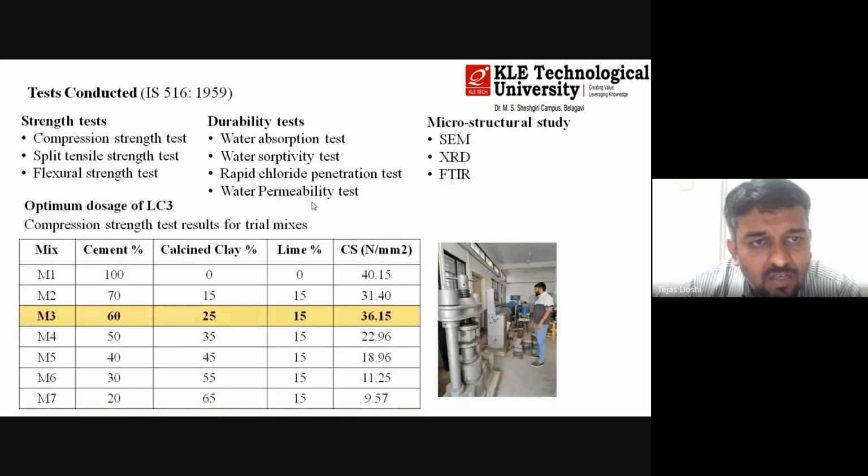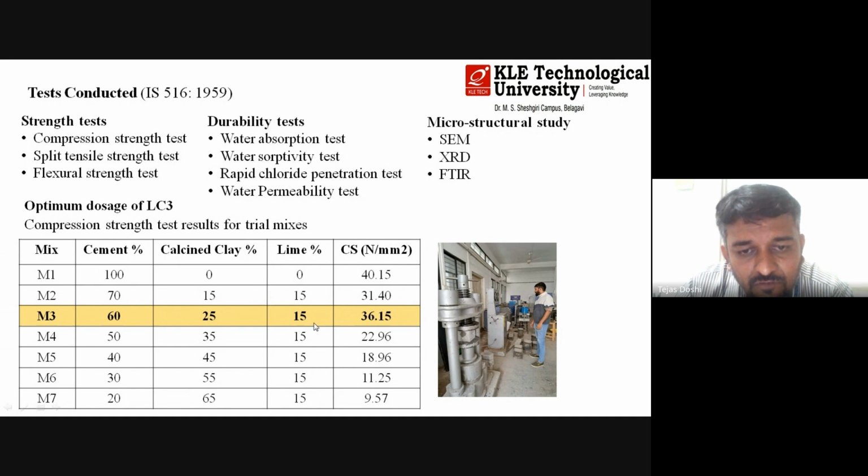So coming to the next part, it is the optimum dosage of LC3. Here, based on the compressive strength results of the different mixes, we can observe that the compressive strengths obtained for different mixes are presented, and the normal mix, that is M1, gives us a compressive strength of 40.15, whereas from M2 to M7, which are the LC3 trial mixes, M3, which is LC2, gives us 36.15 Newton per mm square, which is the highest amongst the other mixes.